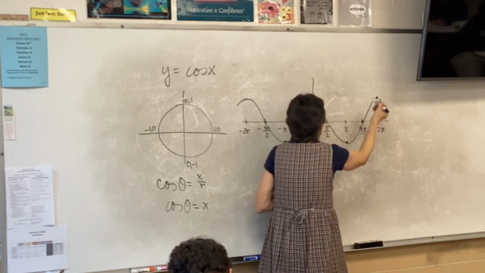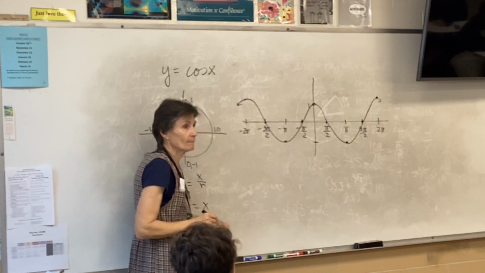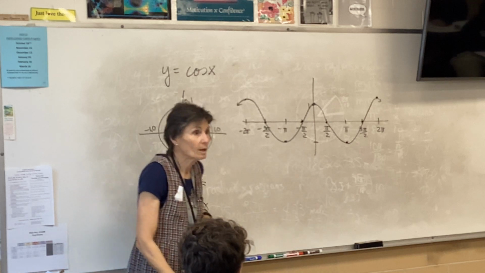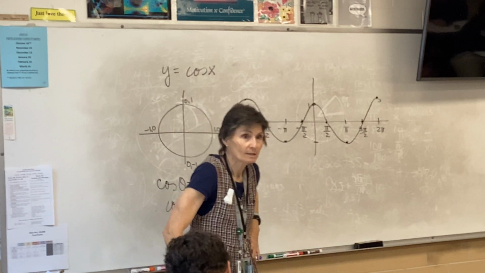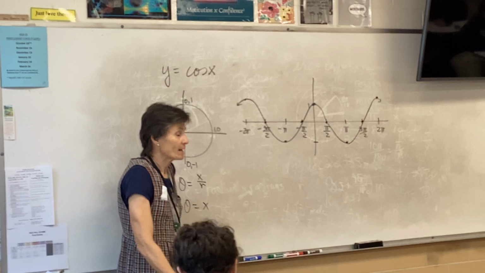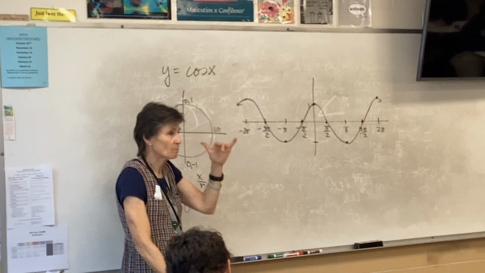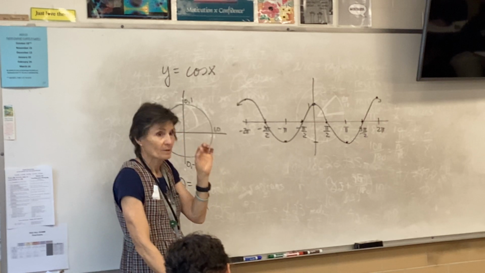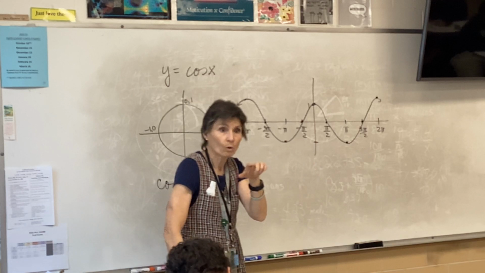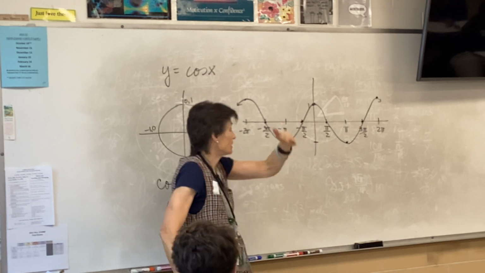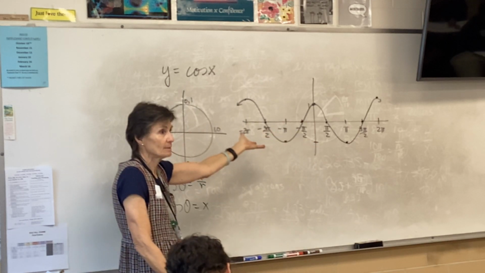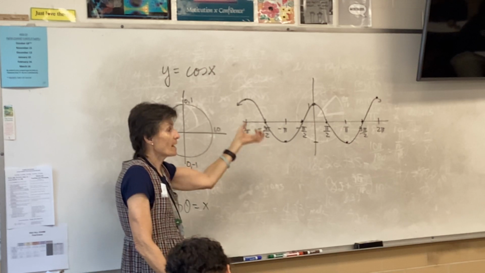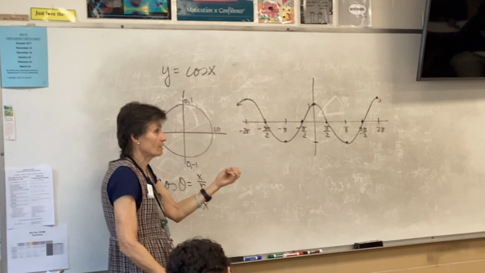And I want you to tell me if you've ever seen that before, like in chapter 1 with your BFFs. Remember how we distinguished between the sine and the cosine? The sine went through the origin and the cosine started up here. Well, isn't that exactly what happened? Cosine is a circular function, like all of them are.